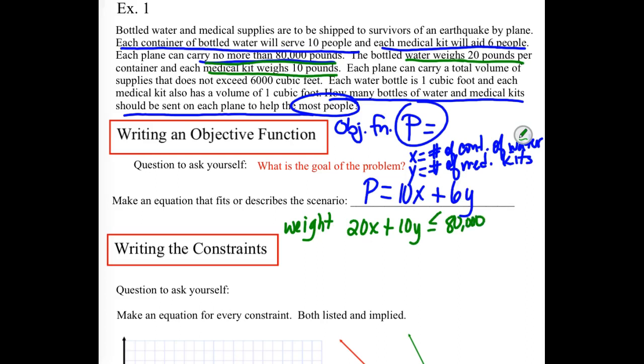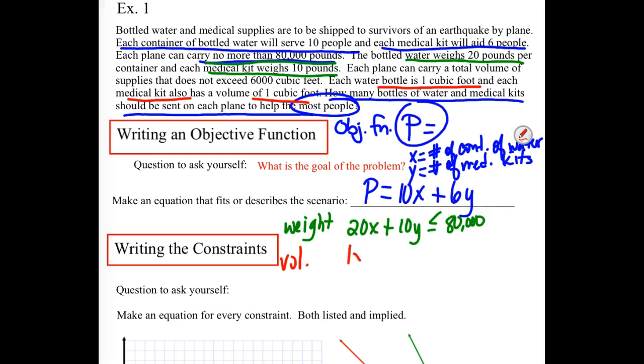All right. Then it says each plane can carry a total volume of supplies that does not exceed 6,000 cubic feet. So there's a limited amount of space in the plane. Okay? All right, so for volume, it says each bottle of water is 1 cubic foot. Each medical kit is also 1 cubic foot.